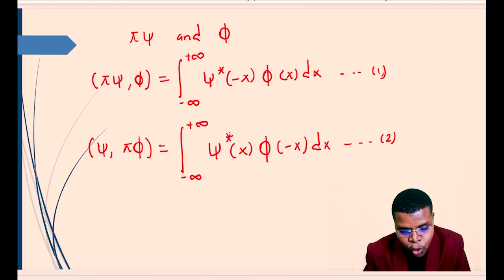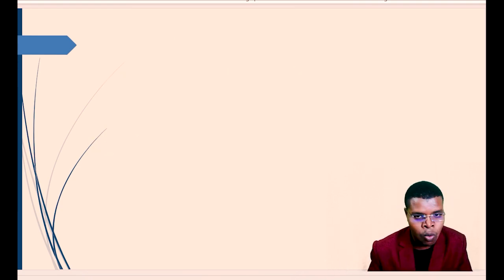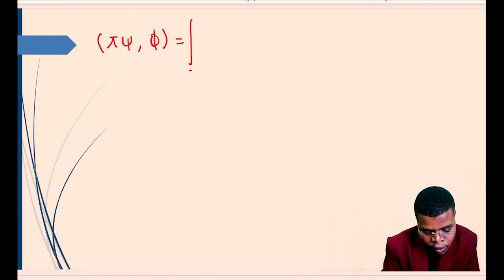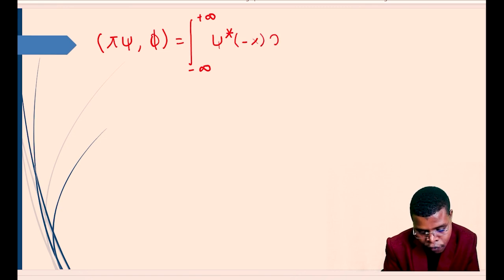So to prove that the Parity operator is a Hermitian operator, we will take the first equation and analyze it. So let us see how. The first equation we have is ⟨Pψ, φ⟩ equal to the integral from negative infinity to positive infinity of ψ*(−x) φ(x) dx.